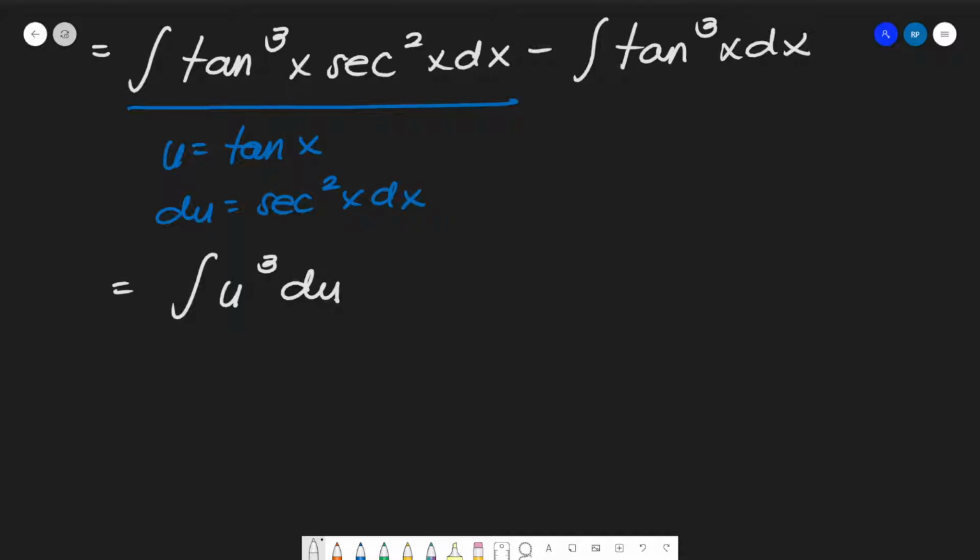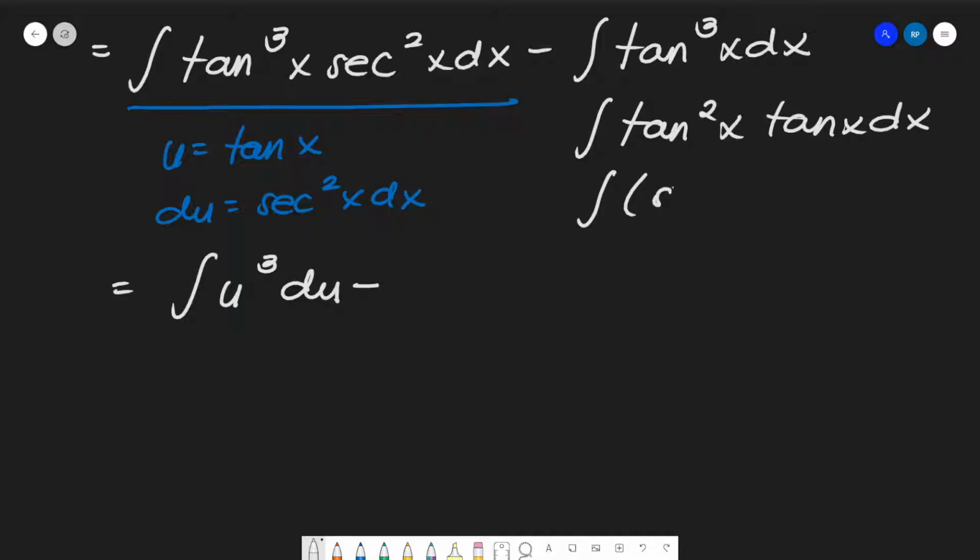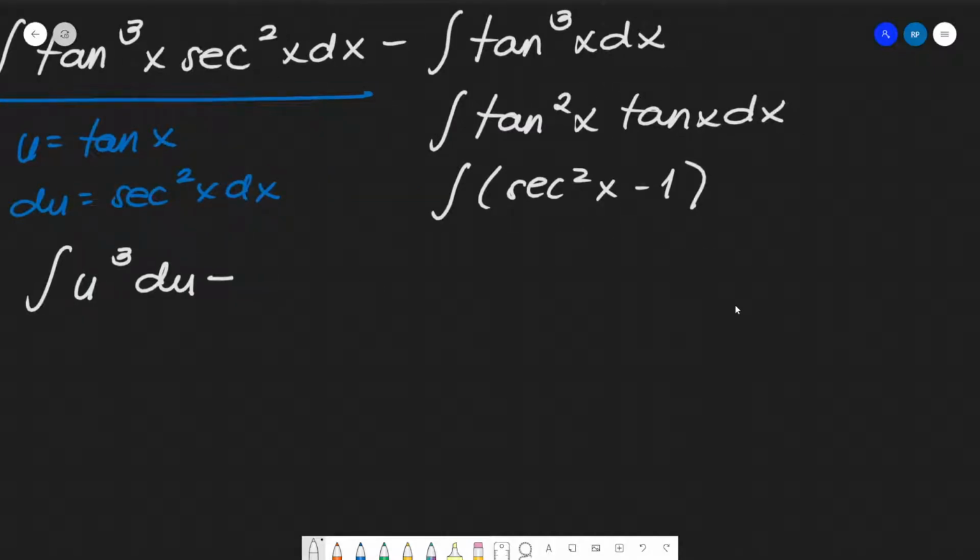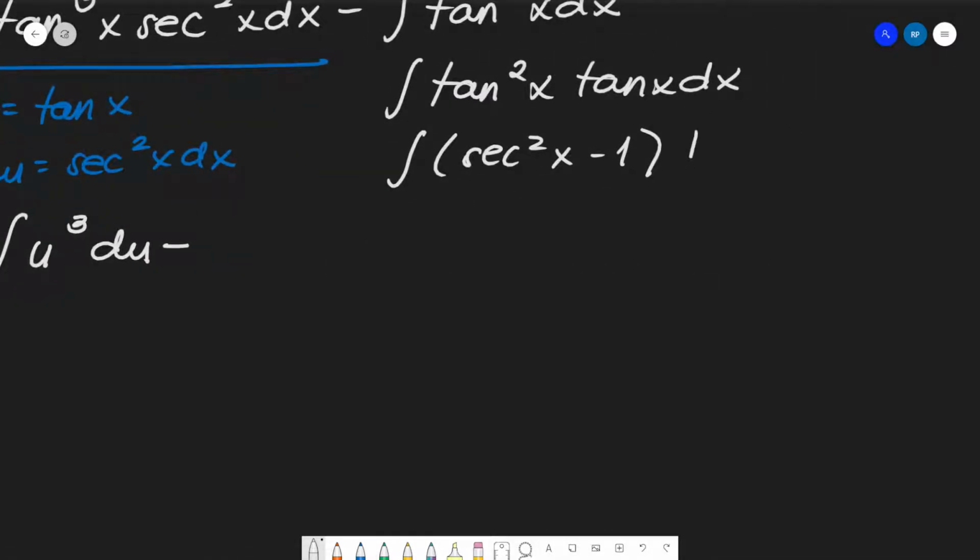Dito tayo sa pangalawang integral. So, magbabawas ulit ako ng dalawa dito. So, lagay ko na yung minus dito. Tangent squared x tangent x dx, obviously. Then, substitute yung identity natin, secant squared x minus 1 tangent x dx.